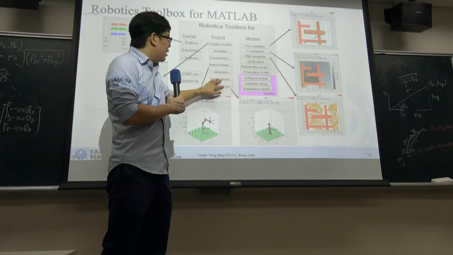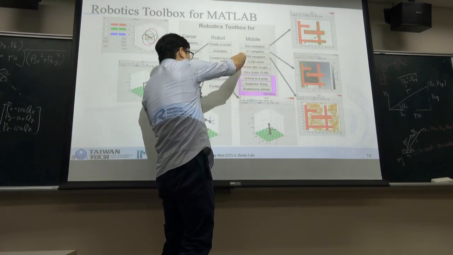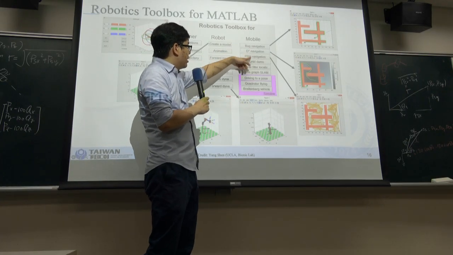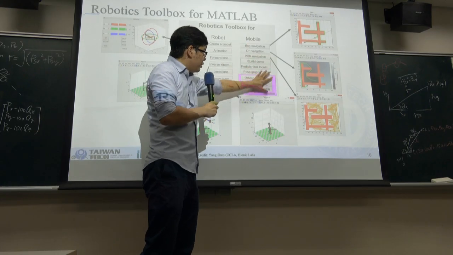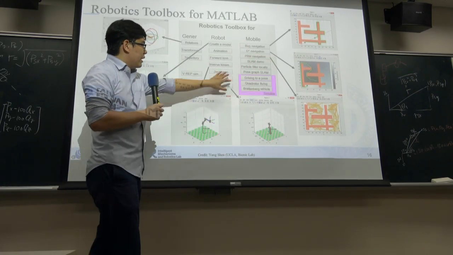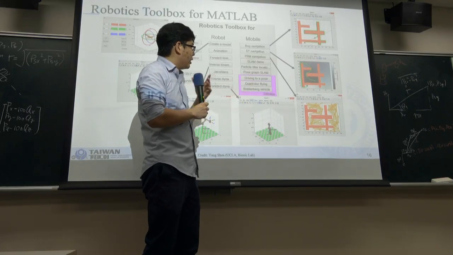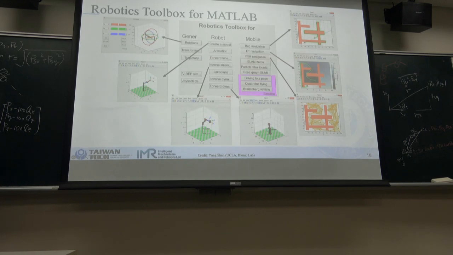I think these two we haven't covered. And also we have some mobile robot navigation methods like SLAM and all the robotics applications. And for the last three, we will be doing a plugin called Simulink. I think some of you are very familiar with it.